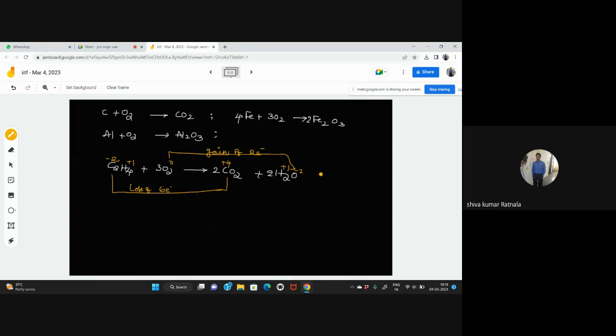And what can we say, it is not a combination redox. It is a combustion redox reaction. Because this reaction is called combustion, no?